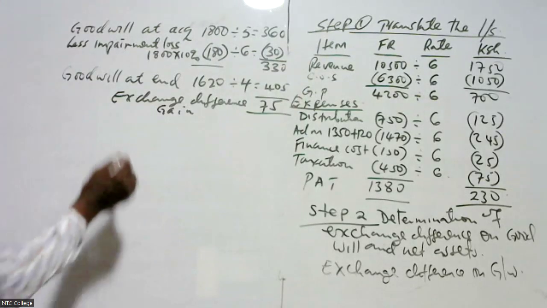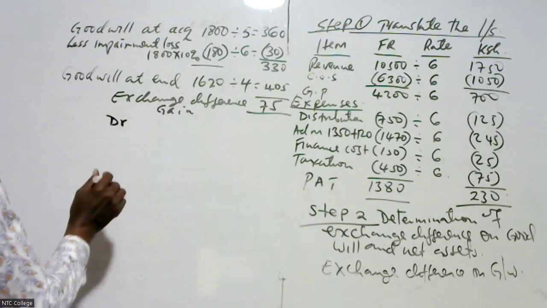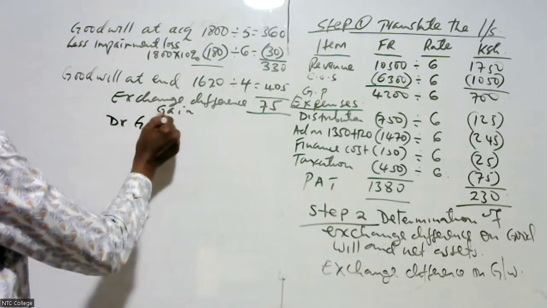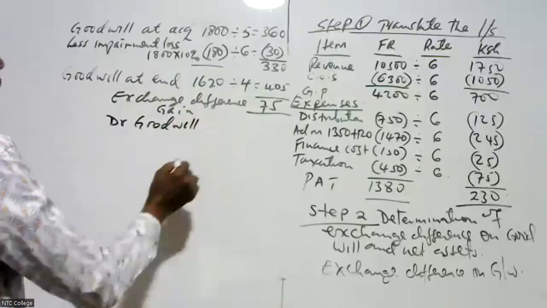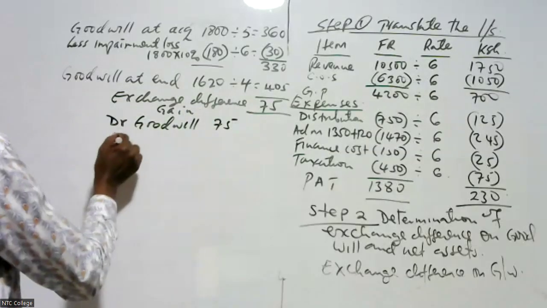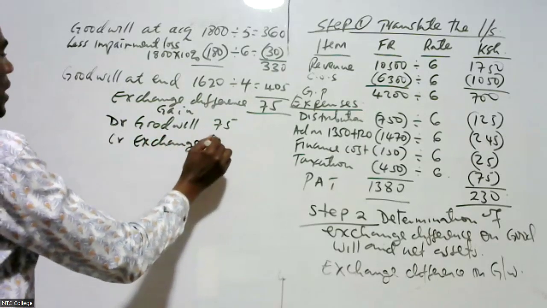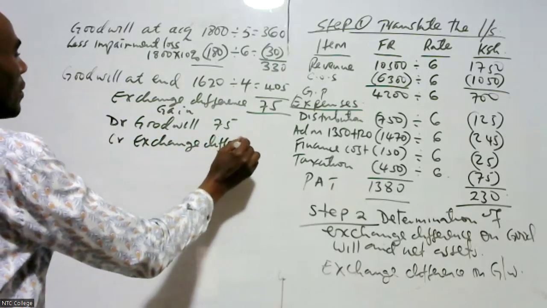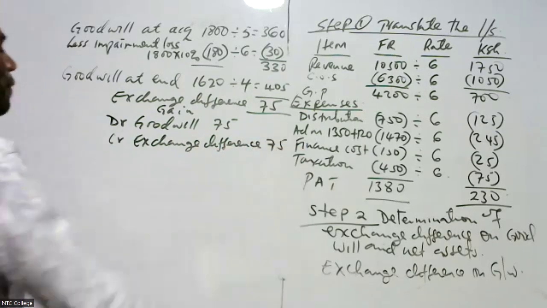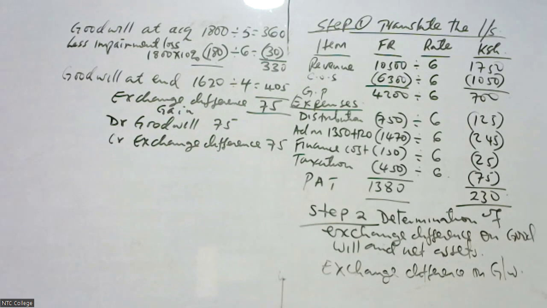For this exchange gain, you debit goodwill with 75 and credit the exchange difference account with 75. That is what you do there, my good friends.